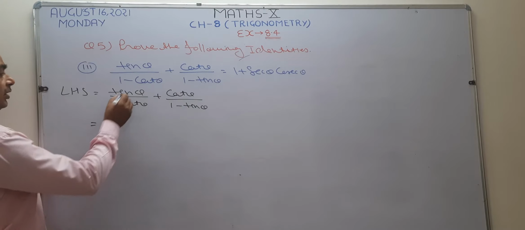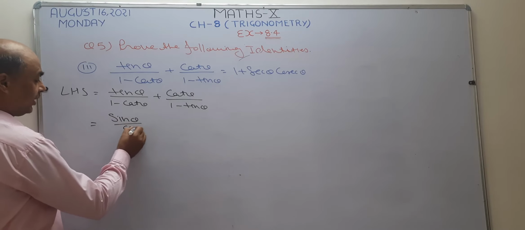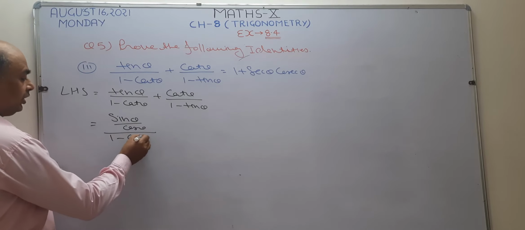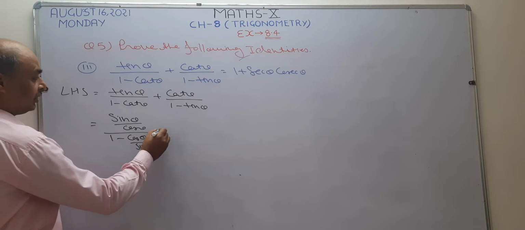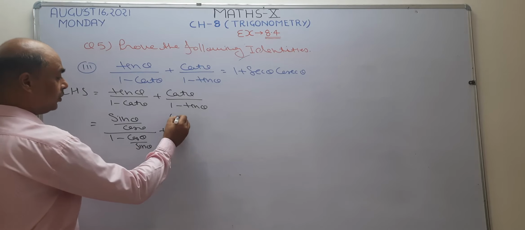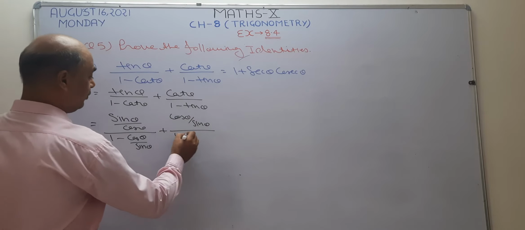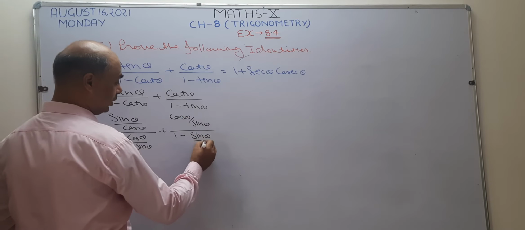You know that tan theta is equal to sin by cos. So write here sin by cos. And cot theta is equal to cos theta by sin theta. So write here cos theta by sin theta. Same, cot theta becomes cos theta by sin theta. 1 is there, minus is there, tan theta can be written as sin theta by cos theta.